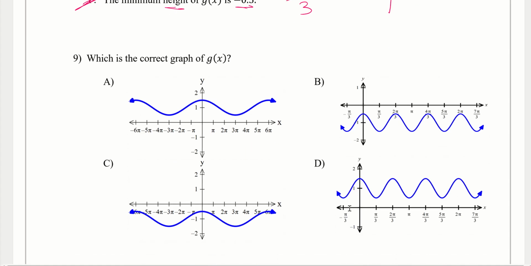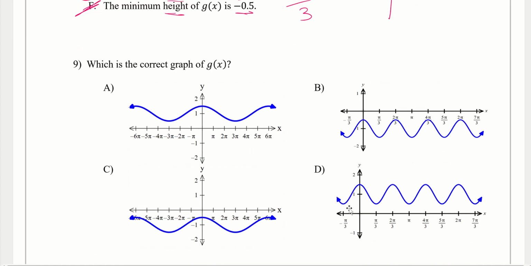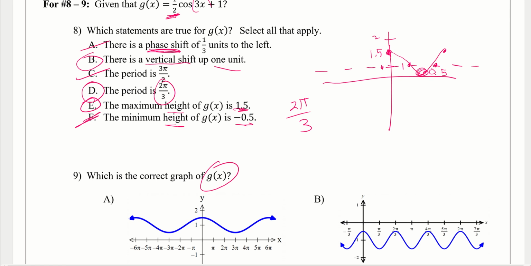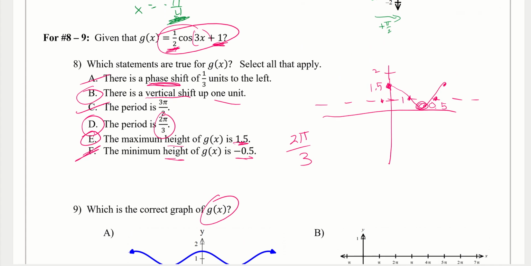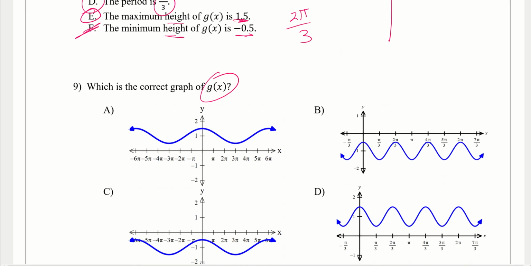Okay. It says choose the right graph of g of x, which is the one that we're talking about up here. Right, so the first thing I would look at is that vertical shift of 1. So this one looks pretty good. This one doesn't look pretty good. This one, pretty good.